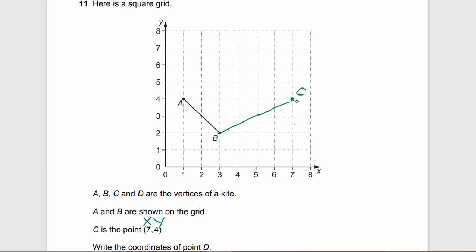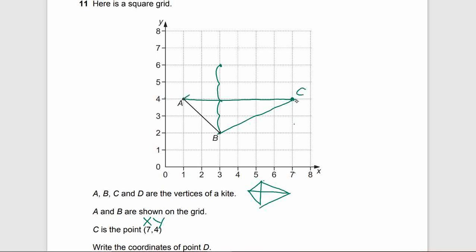We connect this one here. Write the coordinates of D. Since it's a kite, the kite will be shaped like this. So this will be here. So we have to go up by 2 to make it the same.